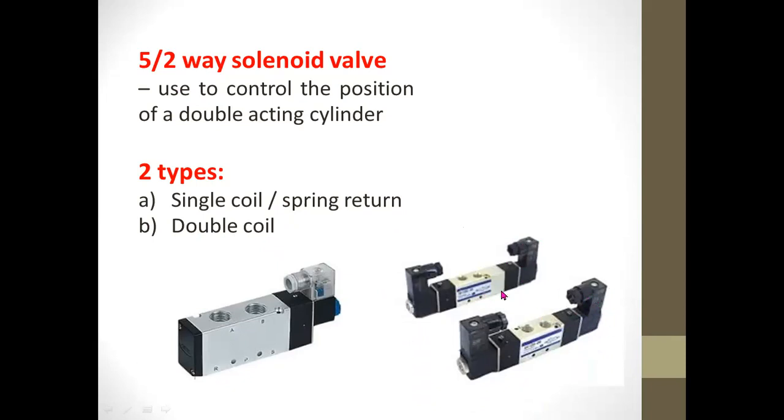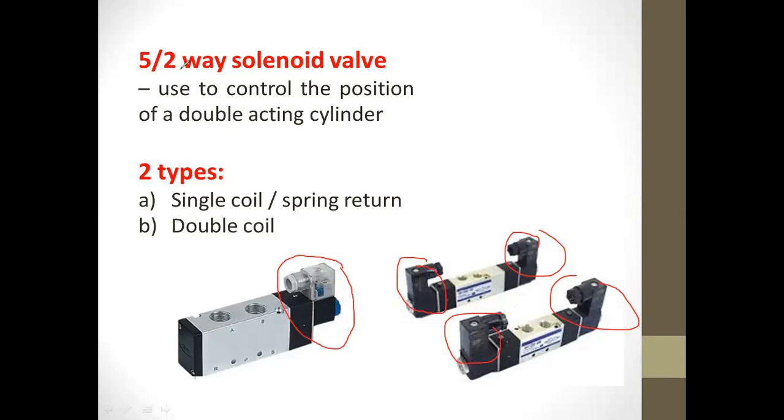You have the two coils: first coil, second coil. And for the single coil, you only have coil number one, but it's spring return type. This one is not a spring return type.